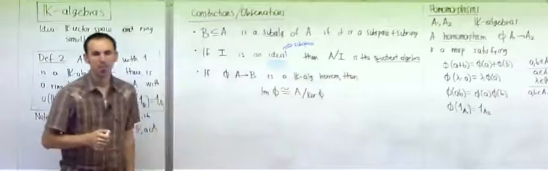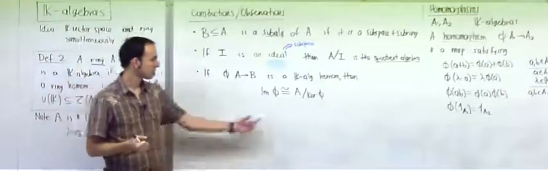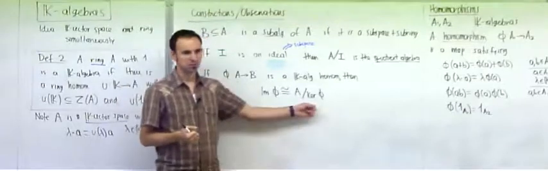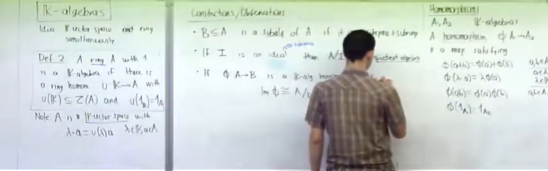And there's something implicit there, which is that this quotient can be taken because the kernel of phi is an ideal.